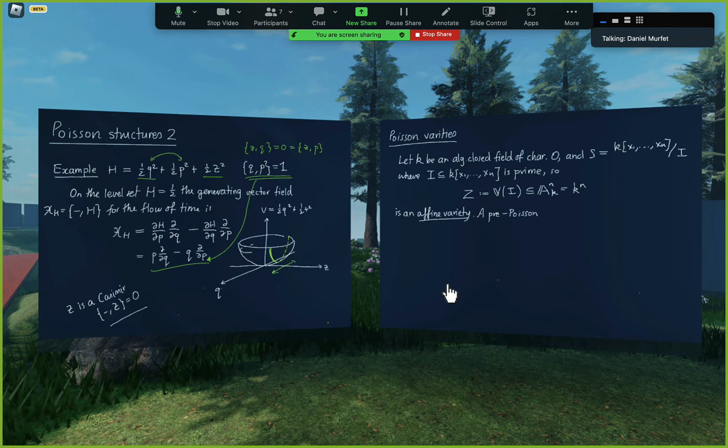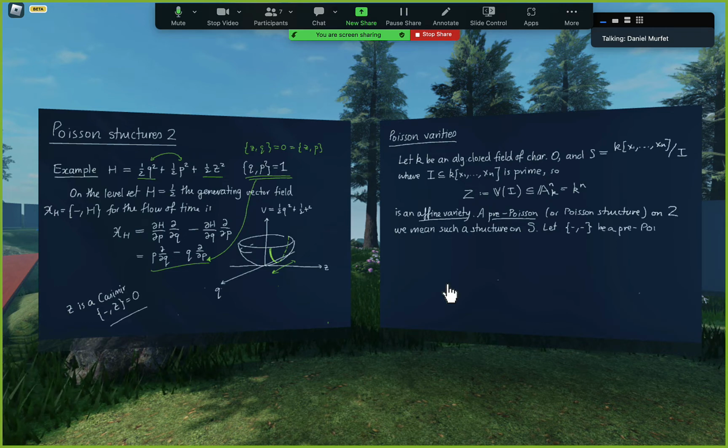So by a pre-Poisson or Poisson structure on Z, we're just going to mean such a structure on S. Okay, well, what does it look like to have a pre-Poisson structure on S?